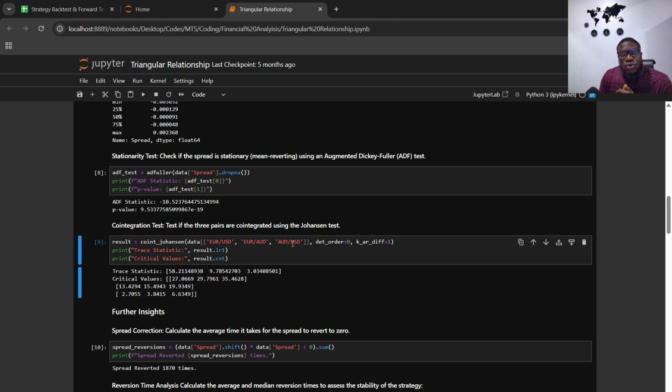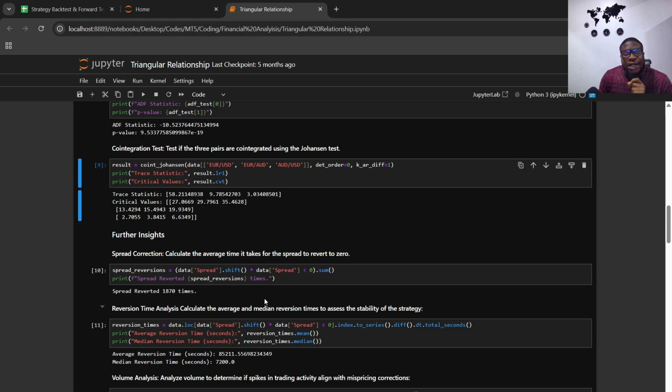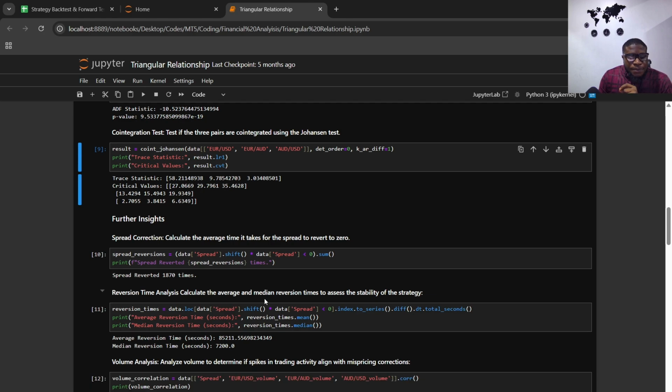Let's proceed to do some further insight here. First, we are going to look at the spread reversion. We are going to calculate the average time it takes the spread to revert to 0. We did that by getting the spread reversion here, and we can see that the spread reverted 1870 times.